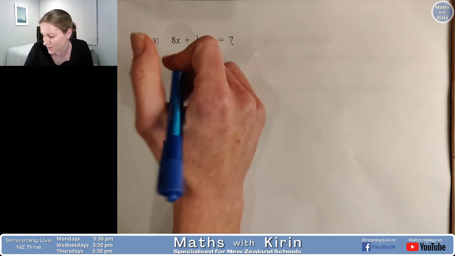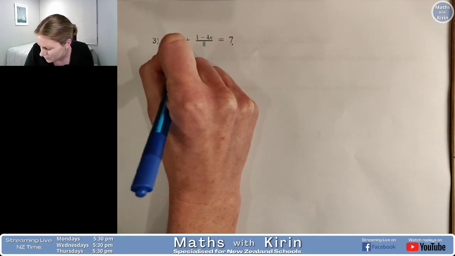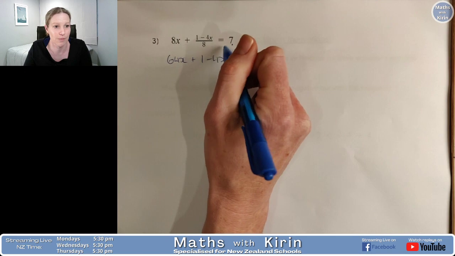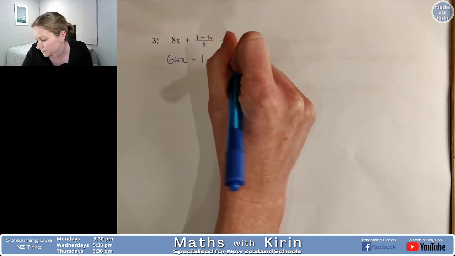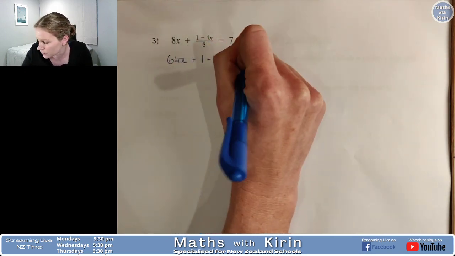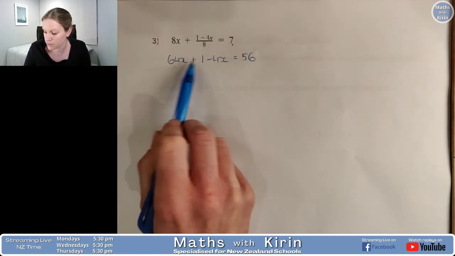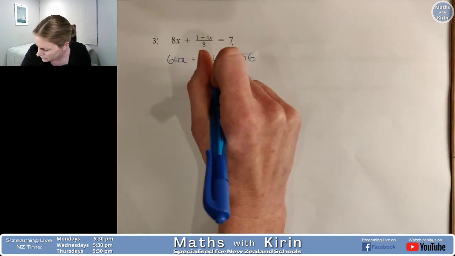So 8 times 8x is going to give us 64x. 1 minus 4x is just 1 minus 4x because we're multiplying that whole fraction by 8. And that's equal to 56. 7 times 8 is 56. Perfect. We want to tidy this up. So 64x minus 4x is just going to give us 60x.